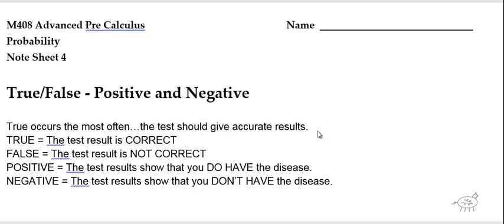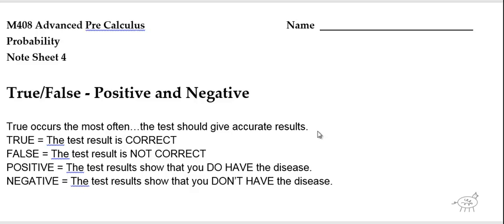First of all, reading the second line here, it says true. The best example is if you're sick and you go into the doctor and the doctor gives you a test. Let's say you actually have pneumonia, or you don't have pneumonia. So it's one of the two.